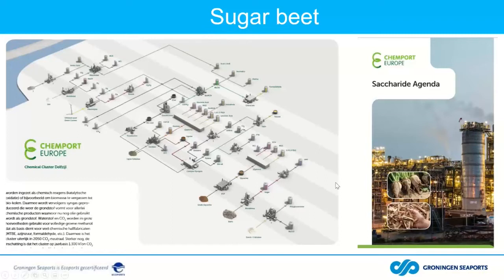So there is a benefit as well on the side of Groningen Seaports and the industry, to have more sugar beet available in the area, and to close the loop between the carbon that is captured in the sugar beet, and the dredged material from Groningen Seaports, which is also partly rich in carbon, which will be used by the sugar beet.